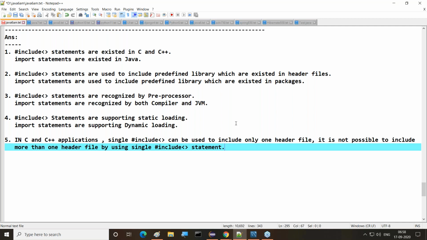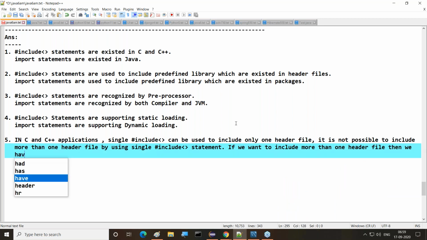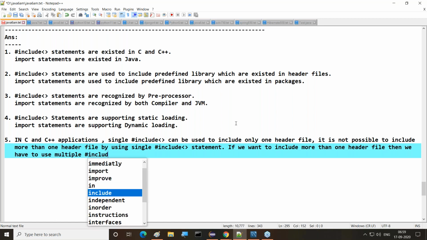Right, sir. If you want to include more than one header file, then we have to use multiple hash include statements.